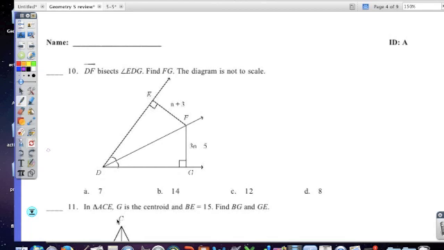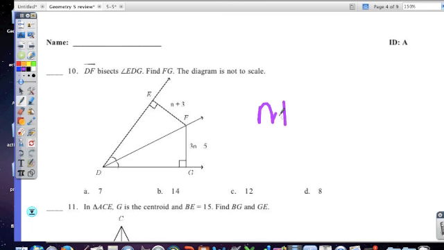Number 10. Line DF bisects angle EDG. Find FG. The diagram is not to scale. Alright. So since DF is an angle bisector, that means angle EDF and angle FDG are congruent. And since line segment EF and line segment FG both meet at a 90-degree angle, all that is needed is EF and FG are equivalent to each other.